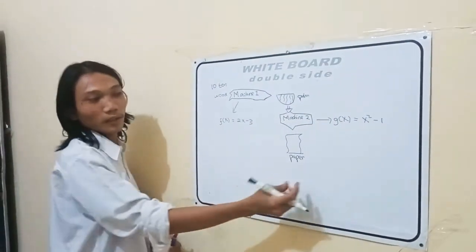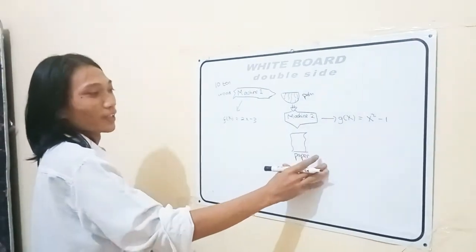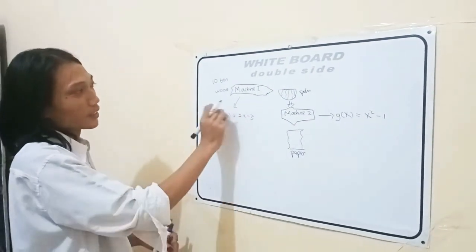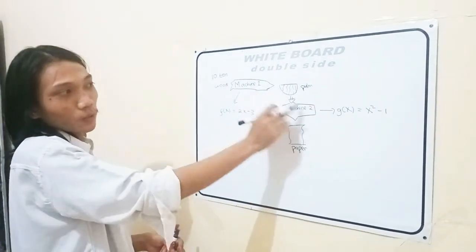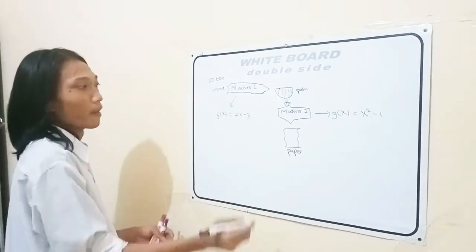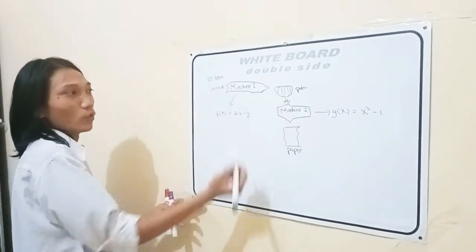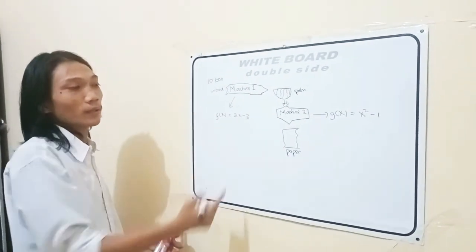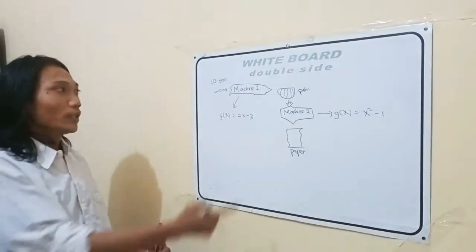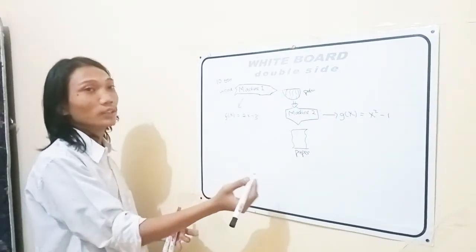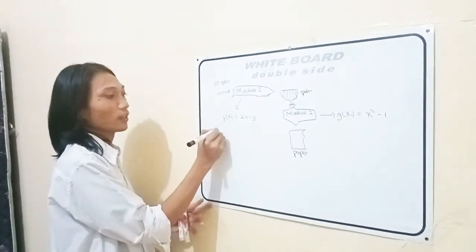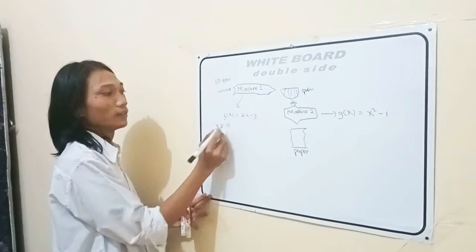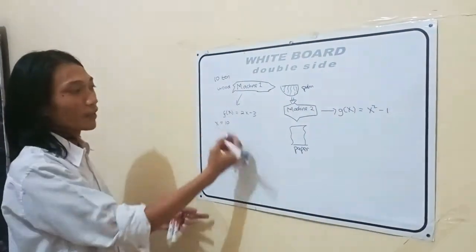To determine the amount of paper, we can change wood to pulp and then change pulp to paper. First, we use machine 1. The formula of machine 1 is f(x) equals 2x minus 3. Because we have 10 tons, we substitute x equals 10 into function f(x).